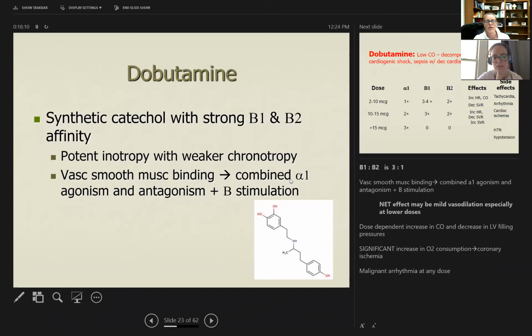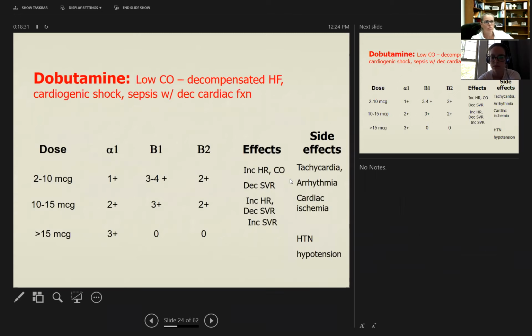So you have a big increase in your myocardial oxygen demand in the setting of dobutamine. The fact that it allows for better ventricular filling can help offset that a little bit, right? But you do have to worry about coronary ischemia, and you do have to worry about malignant dysrhythmias in the setting of dobutamine.